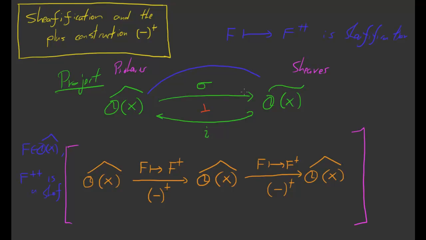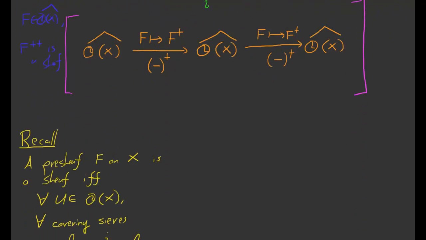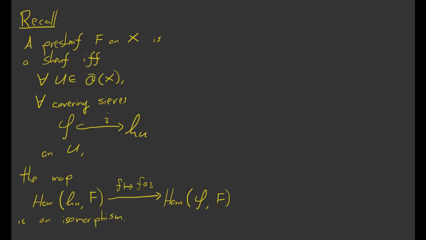So it'll be sheafification. Now again, I'm not actually going to prove that. I would just like to tell you what this plus construction is. That's the only formal purpose of this video. I'm not going to prove that f double plus is sheafification, but I think the construction is worth knowing.